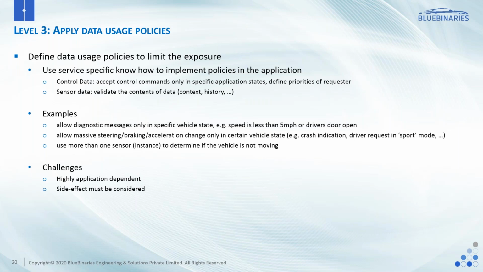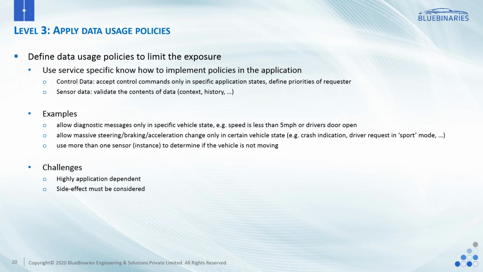And as I mentioned earlier, you can have restricted functionalities, like you can only receive the diagnostic messages when the vehicle is in a specific state, when the vehicle speed is less than 5 kilometers, or when the driver door is open. You can have different levels of policies applied, and then you can restrict the usage of data.